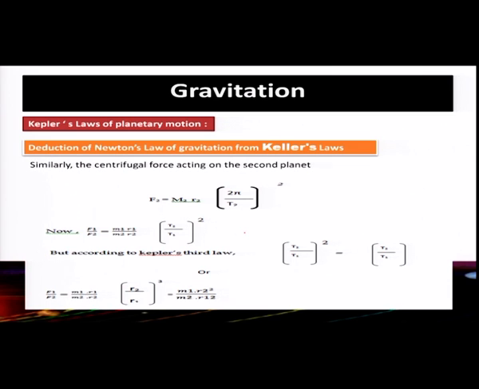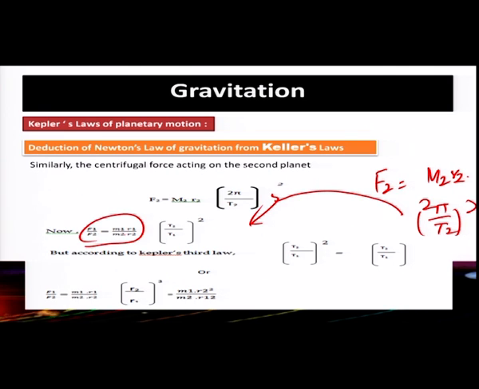And similarly, the centripetal force acting on the second planet is F2 is equal to m2 into r2 into 2 pi by T2 the whole squared. So, you divide the two forces, F1 by F2.